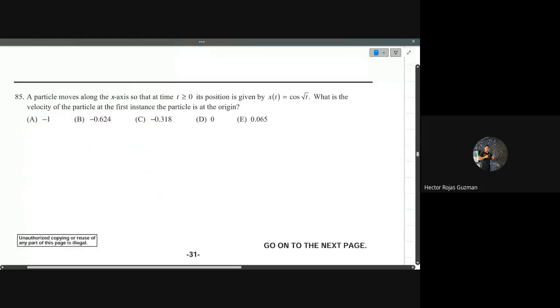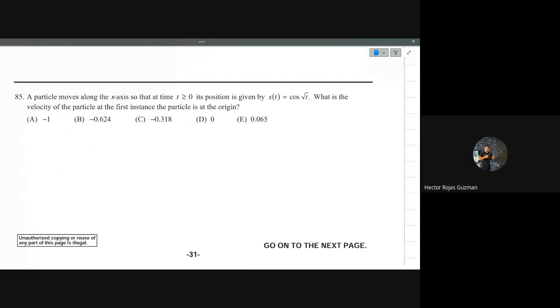A particle moves along the x-axis. Its position is given by x of t. What's the velocity? At the first instance, the particle is at the origin. Well, go ahead and find the derivative.